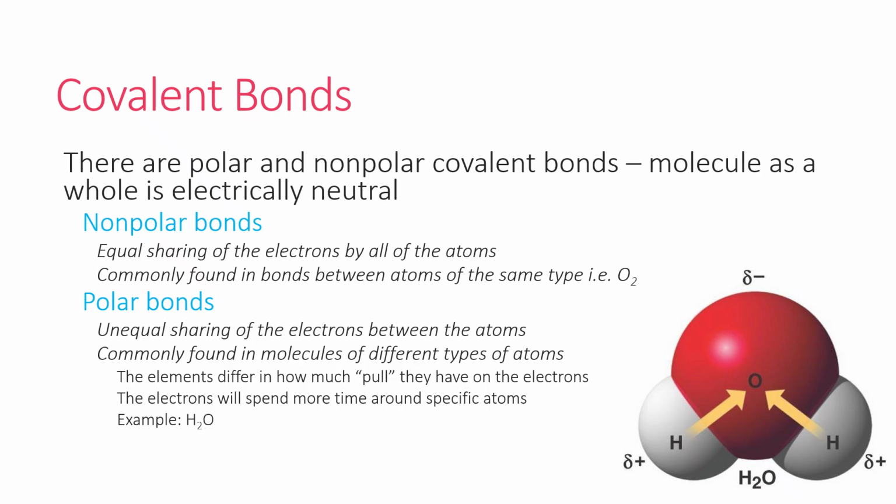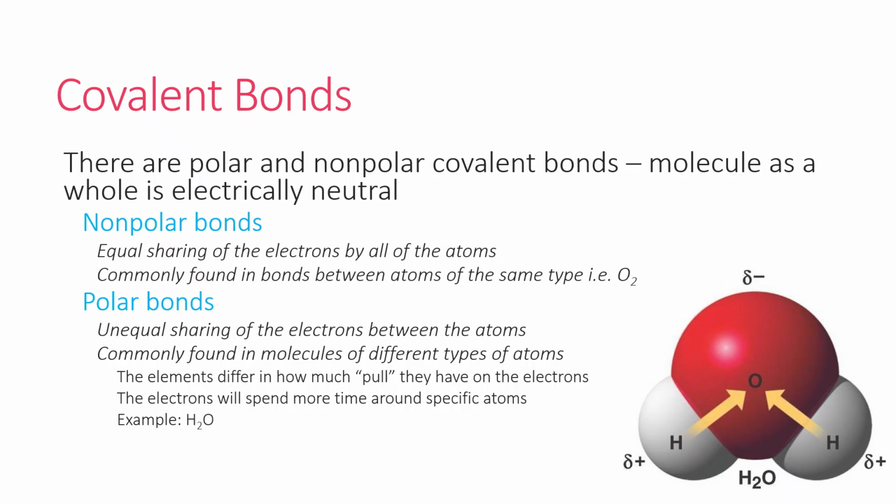Now, a non-polar bond is where we get an equal sharing of electrons. If we were just to stick these two hydrogen atoms together and make hydrogen gas, there's no inequality in the sharing of the electrons. So that shared electron at any point is going to be found around both of them.